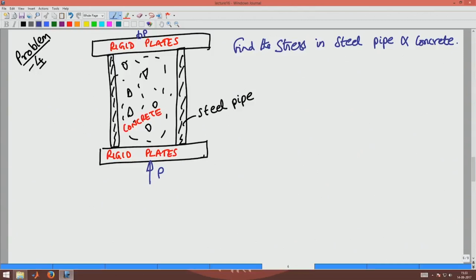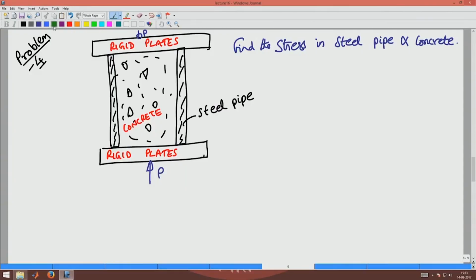The systematic way is to assume some displacement field, to compute based on the displacement field the strain. From the strain you compute the stress using the constitutive relation, then use the equilibrium equations to relate it to the applied force P. So, what is the possible deformation for this composite system?